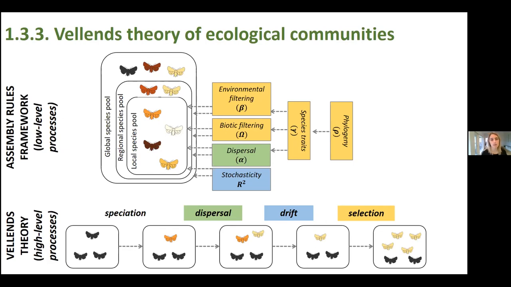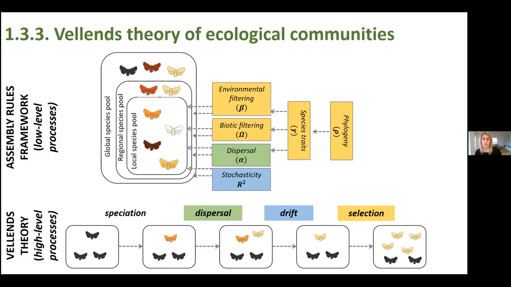And in the lower part, I have put Vellend's theory. So remember that in Vellend's theory, we call these four processes high-level processes. And Vellend himself calls these different assembly processes that, for example, we talk about in the assembly rules framework low-level processes. So actually, we can classify all of these low-level processes into each of these high-level processes.